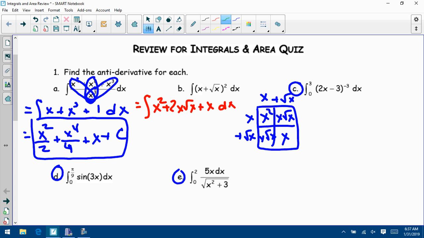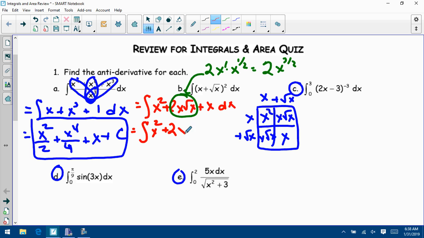Now we can almost integrate this now, but this guy is kind of annoying. So we want to think of him as 2x times x to the 1/2. That'd be the same as 2x to the, add the exponents, 3/2. So now I just need to find the integral of x squared plus 2x to the 3/2 plus x dx.